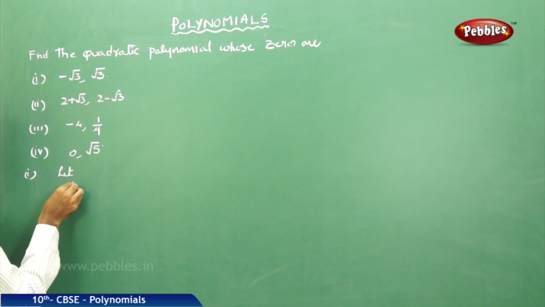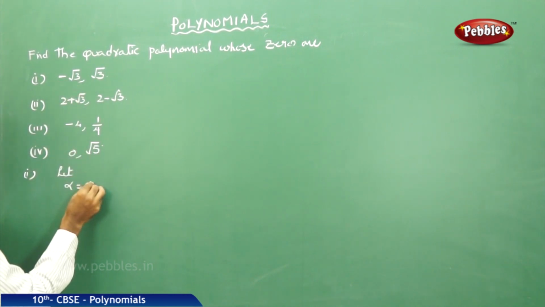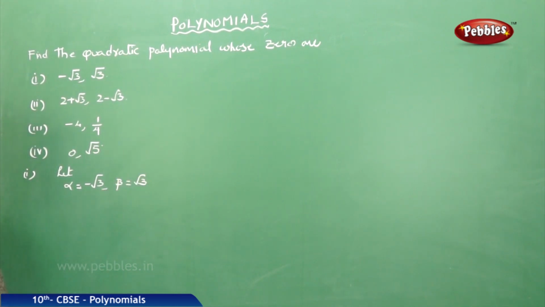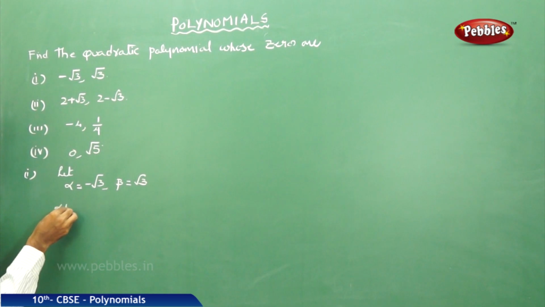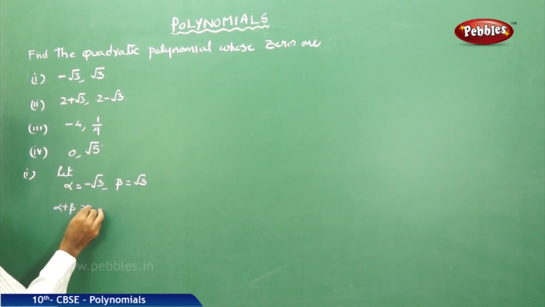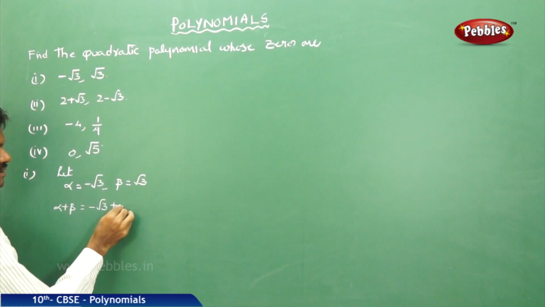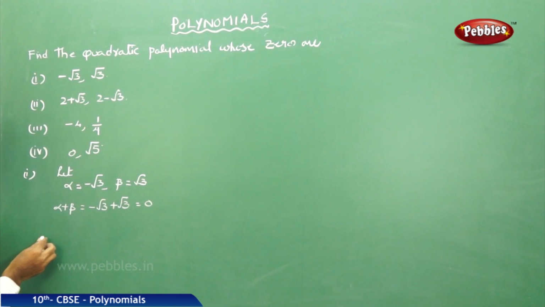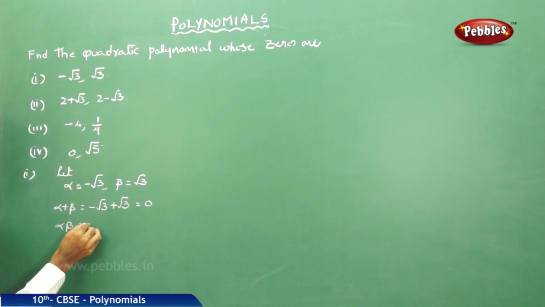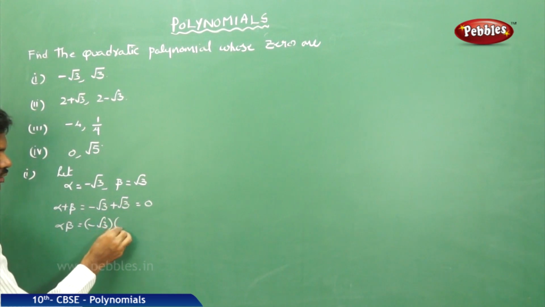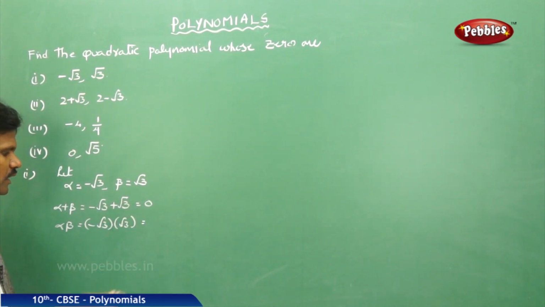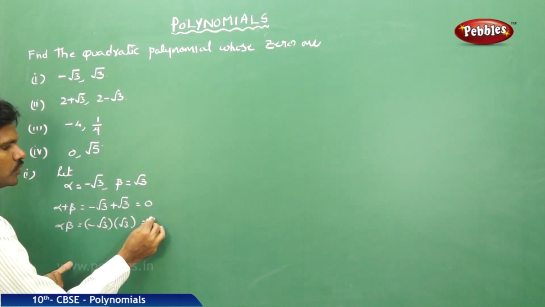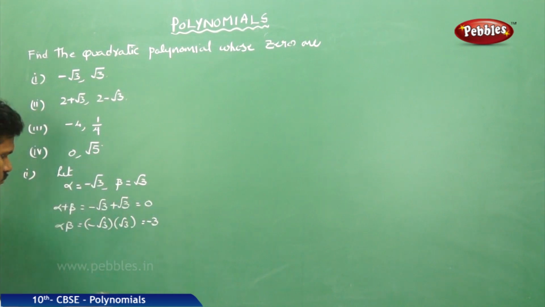Let alpha be equal to minus root 3, beta equal to root 3. Now alpha plus beta is equal to minus root 3 plus root 3, which becomes 0. Next, alpha beta is equal to minus root 3 into root 3, that is minus root 3 whole square, which gives you 3, that is minus 3.